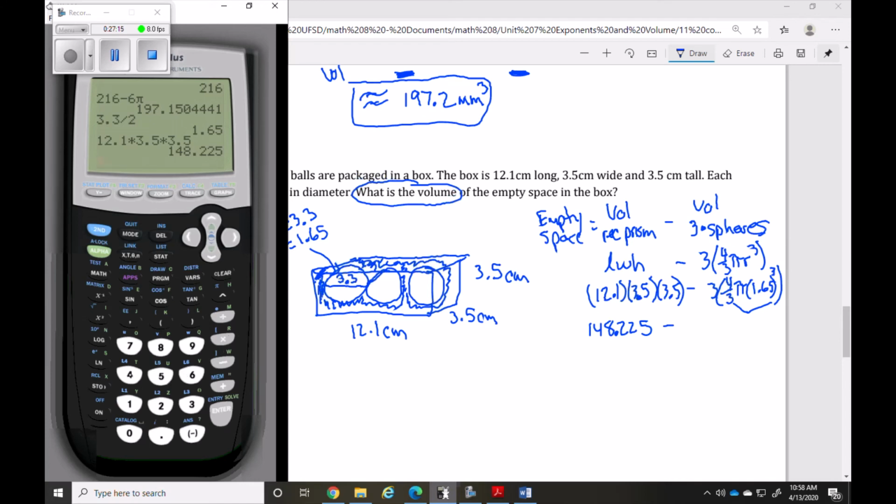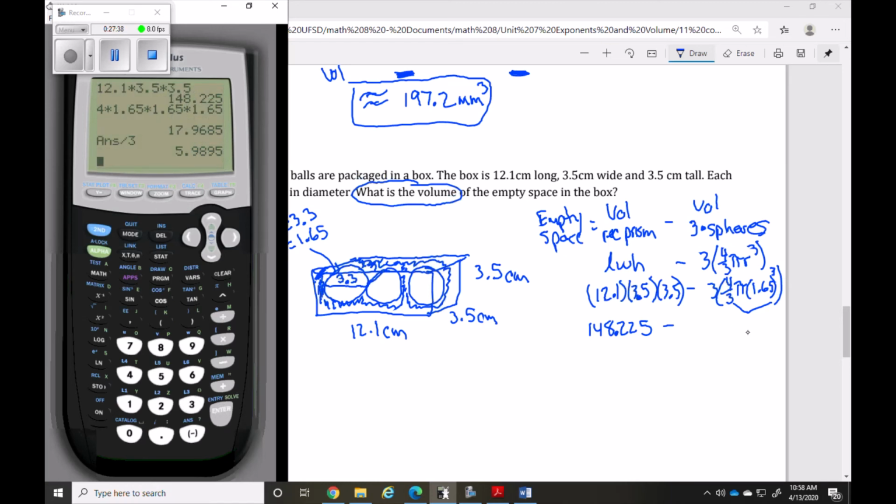So 4 times 1.65 times 1.65 divided by 3.